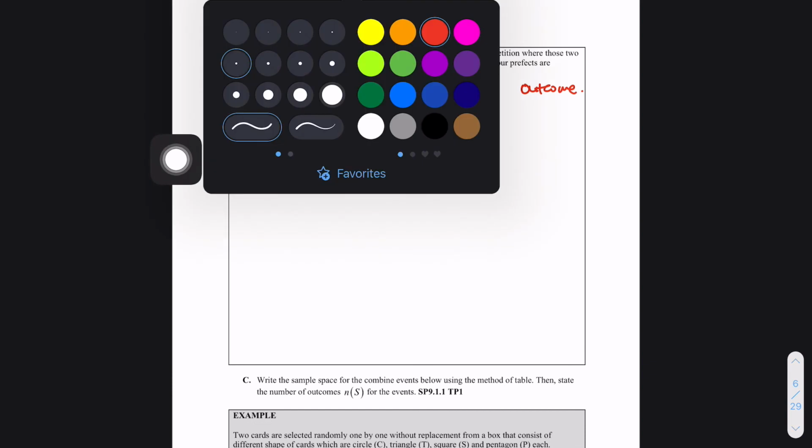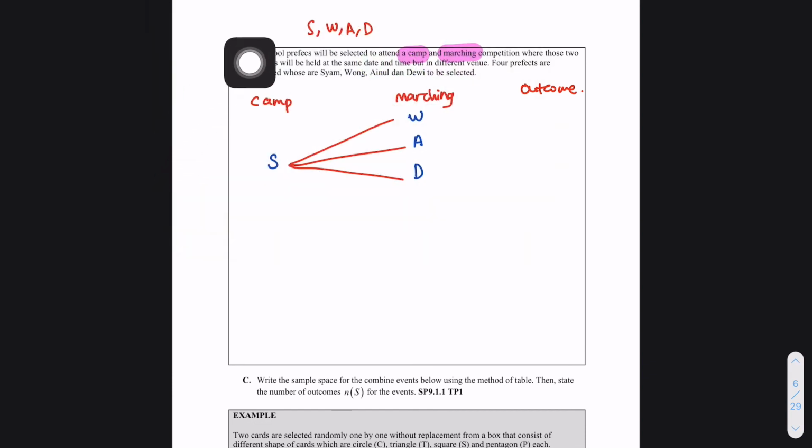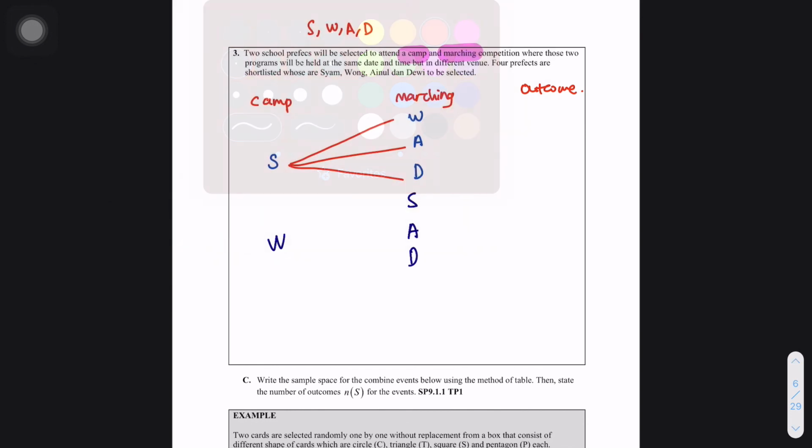Next, if Wong is selected for the camp, how many people are left to be selected for marching? We have Sham, Ainul and Dewi. The same thing, 1, 2, 3.